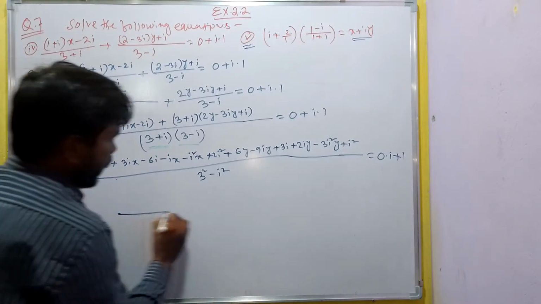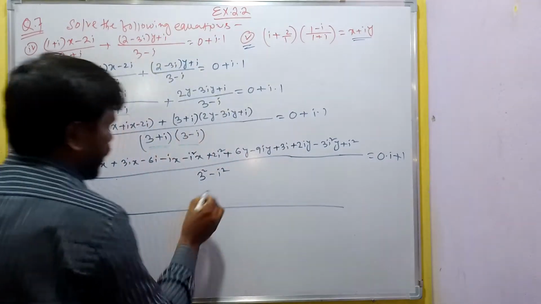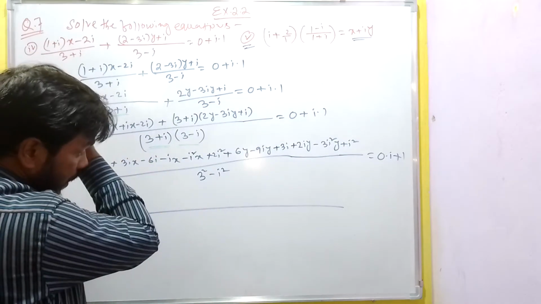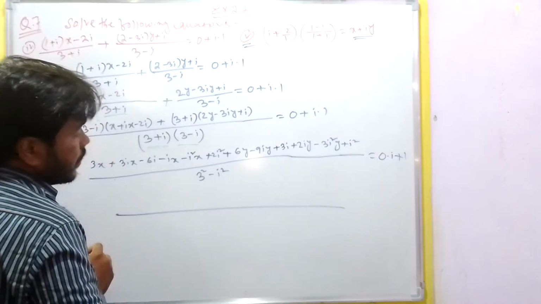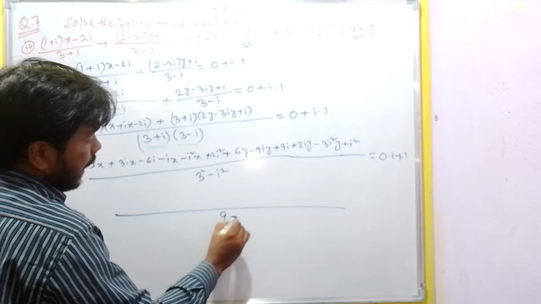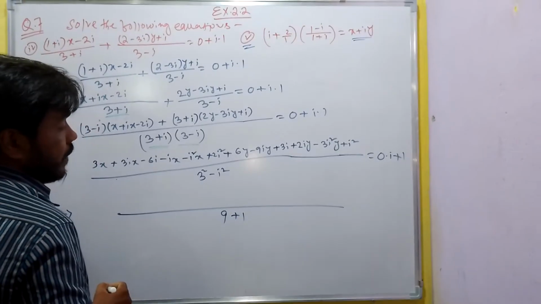Now you can write the denominator, how much you got. 3² means 9, so 9 + 1, since i² means −1, and minus minus is plus.